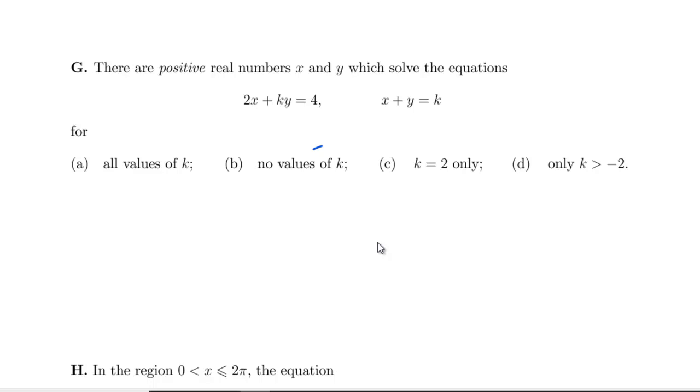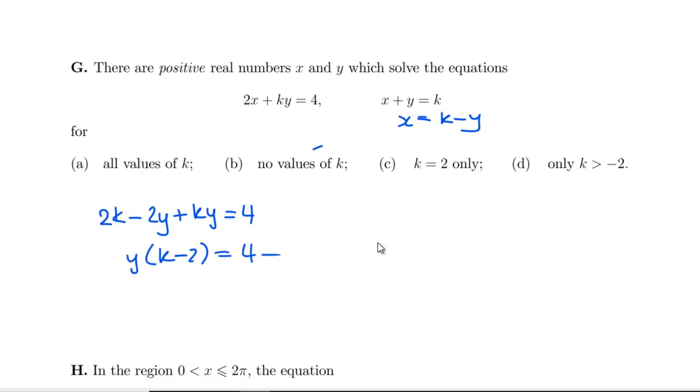I reckon get rid of x so we don't get a k squared in this. So x is k minus y. So we've got 2k minus 2y plus ky equals 4. So y(k minus 2) equals 4 minus 2k, which is 2 minus k.